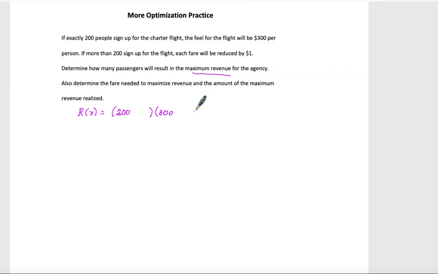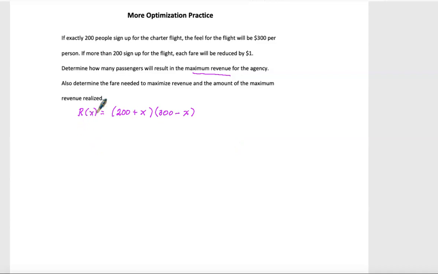Now, if you add x number of persons to the flight, what happens to the price? The price will be reduced by $1 times the number of people, so minus 1x. So this is your revenue function here.